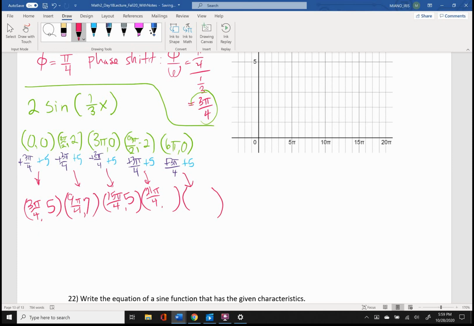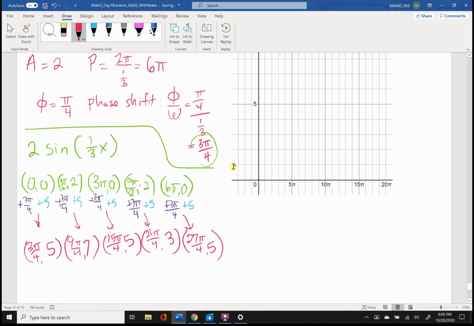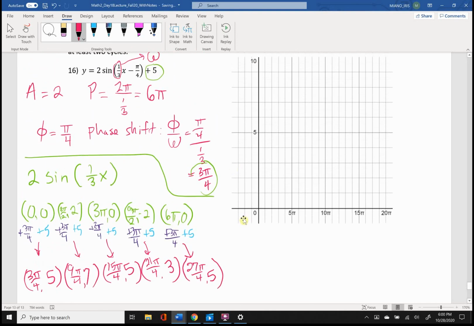With a 3, excuse me. And lastly, 27 pi over 4, with a 5. Okay, so let's plot these 5 points, and what will they look like?